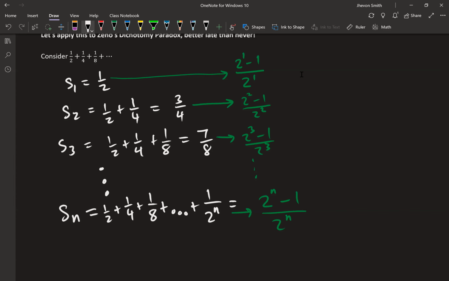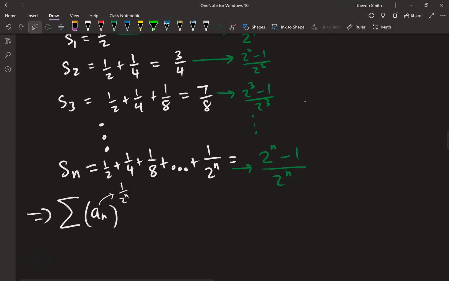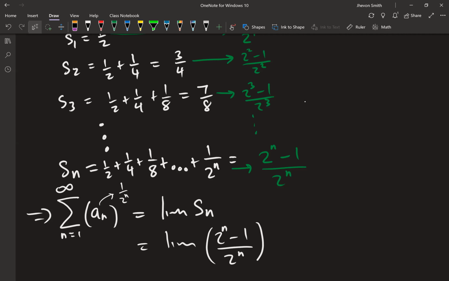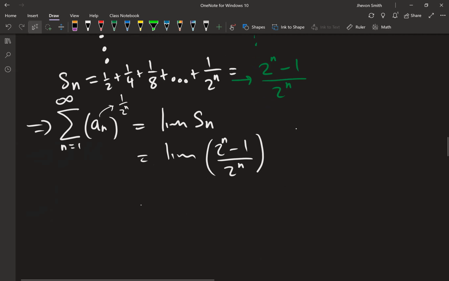And now, if I call this series the sum of a_n, where a_n looks like 1/2 to the n, I can think of that as the limit of the sequence of partial sums. This is going to be the limit of this expression, (2 to the n minus 1) over 2 to the n. And what is that limit? Just to see if we remember our limits.